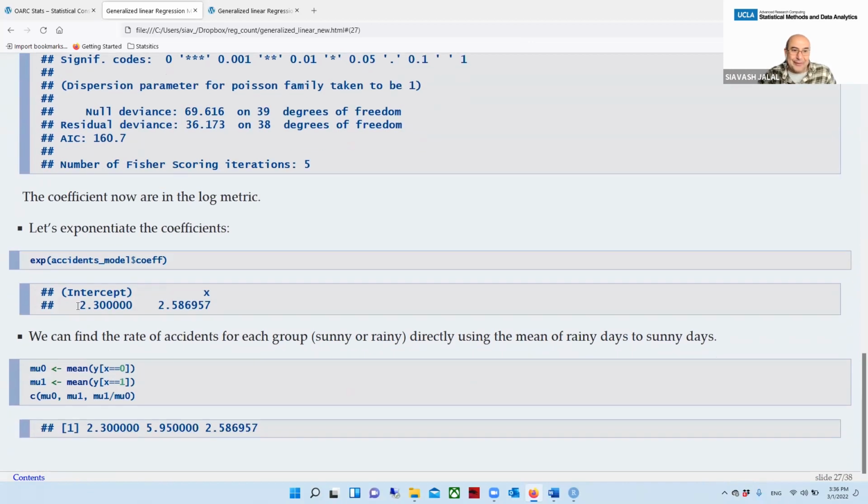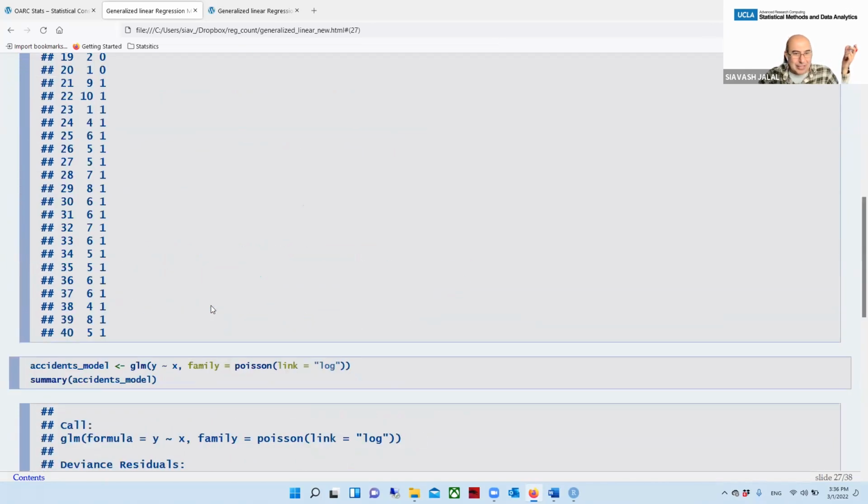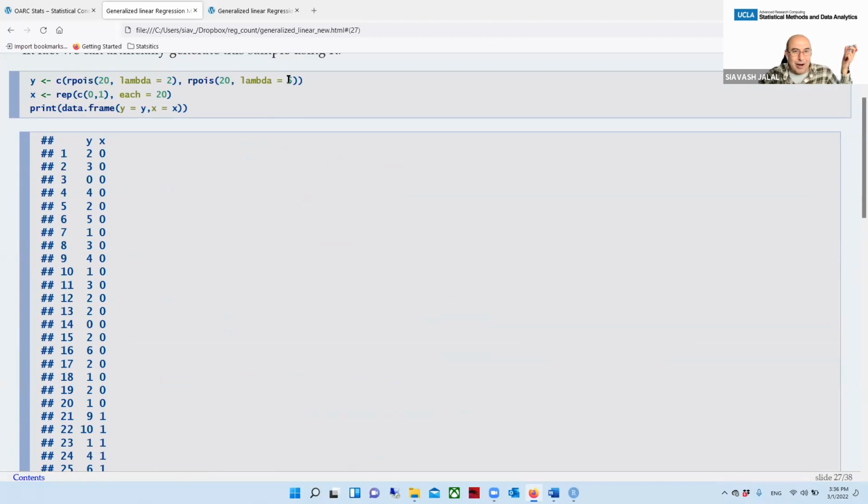Now the rate of a sunny day is 2.3, which is close to the 2 that we started with, and the fraction of the rates is 2.58, which was, what, 5 divided by 2, it was 2.5.